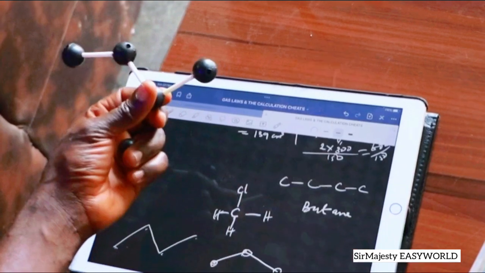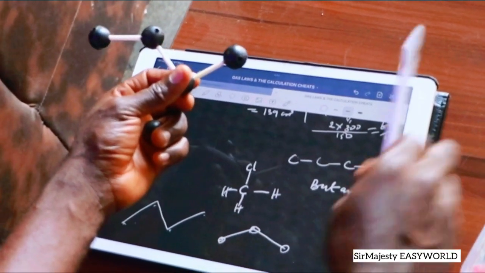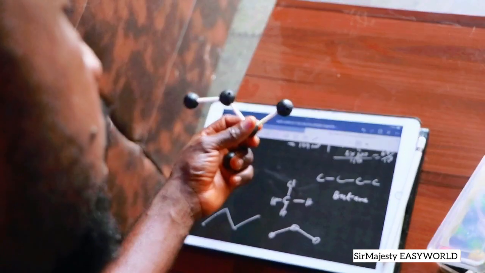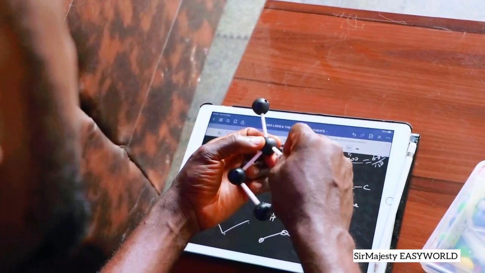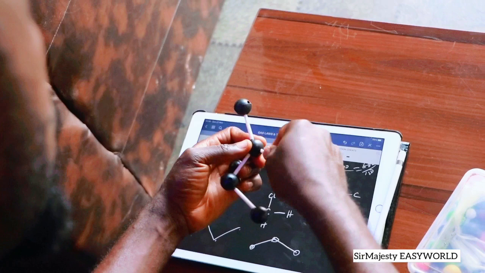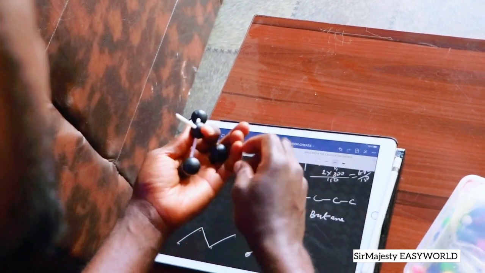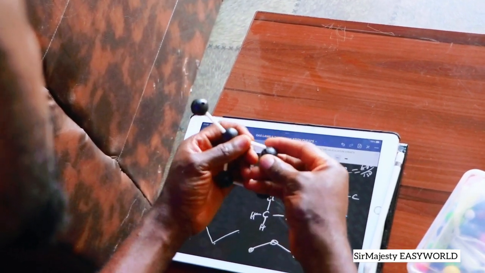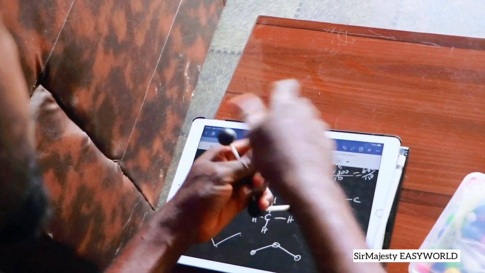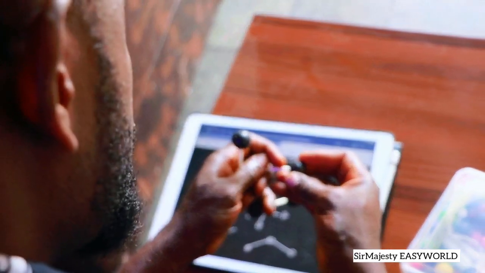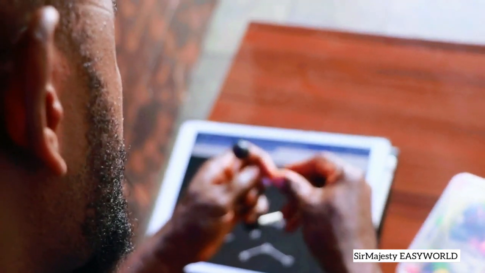So this is butane. Now, we are going to advance a bit in a structure that might be more complicated than just being a straight chain. This will help you to know when there is branch and when there is no branch, because on paper the drawing might be very far from the reality, but here I'm bringing a closer model.